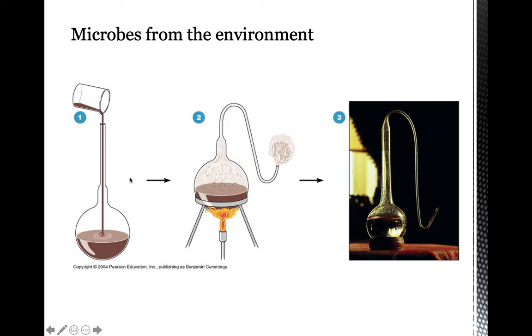So what he did, he bent the neck of this long flask, so it became swan-like in shape. Actually, this is his swan flask experiment, Louis Pasteur's. Initially, while it's not bent, the sequence of events is, he boiled the broth to kill any present microbes in it.